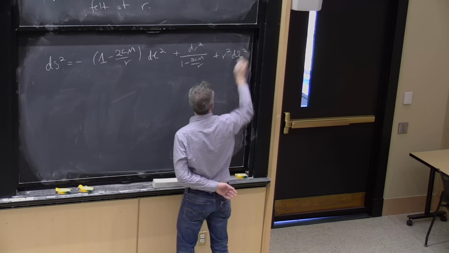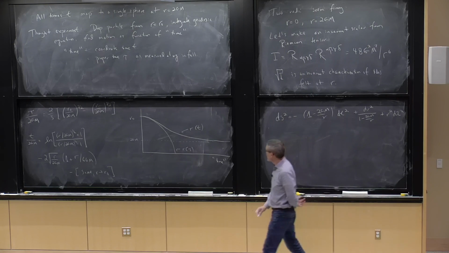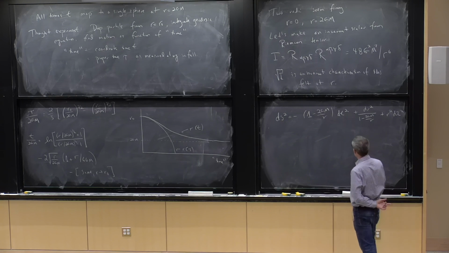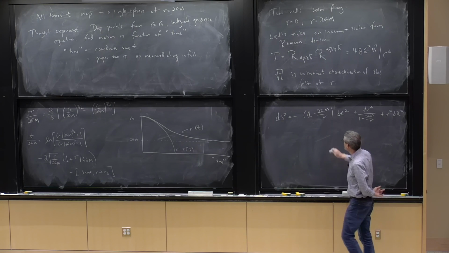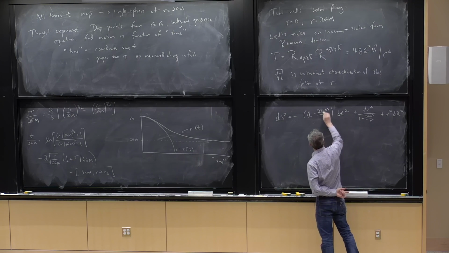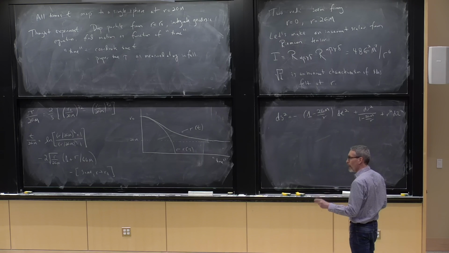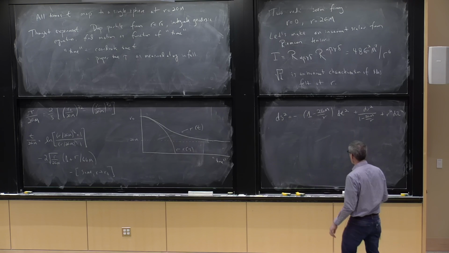It's hard to see what t means in this, but let's consider a limit. Suppose I consider observers who are very far away, people who are at r much, much larger than 2GM.